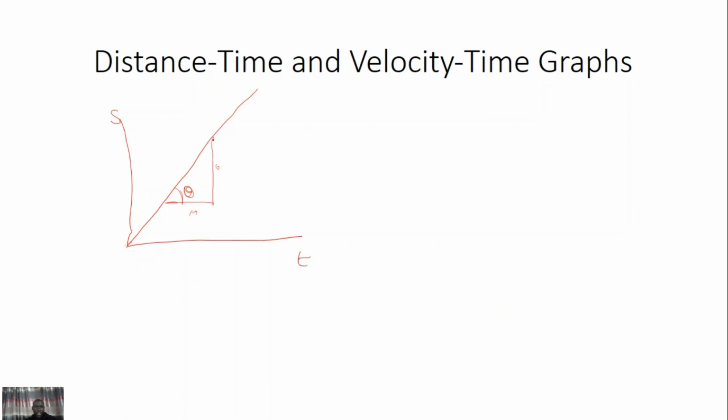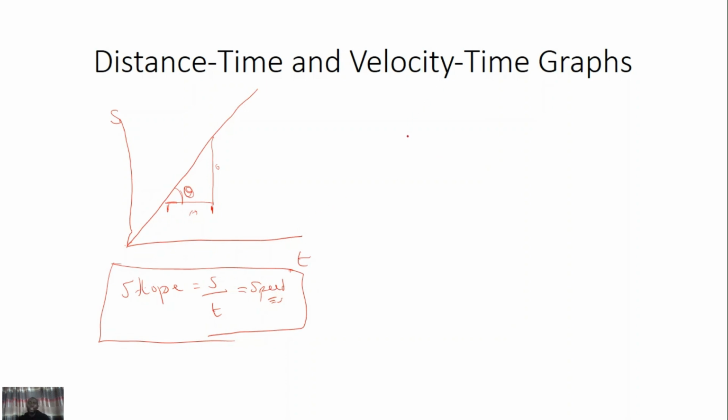Opposite in this case will be the s, that's the distance. So the slope will be distance traveled over the x-axis, which is time, and you know this is equals to the speed. So when you are asked what is the slope of a line drawn on a distance time graph, it is equals to speed, and don't forget that speed is a scalar quantity.